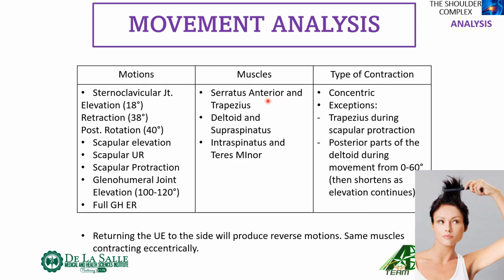For the muscles contracting during these motions, first we have your serratus anterior and your trapezius, specifically upper and lower trapezius, because they are responsible, remember, for upward rotation, right? At the glenohumeral joint, we also have your deltoid and your supraspinatus muscle, specifically anterior and middle deltoid and supraspinatus for elevation. Then, since you have to externally rotate your glenohumeral joint, there is contraction of your infraspinatus and teres minor.